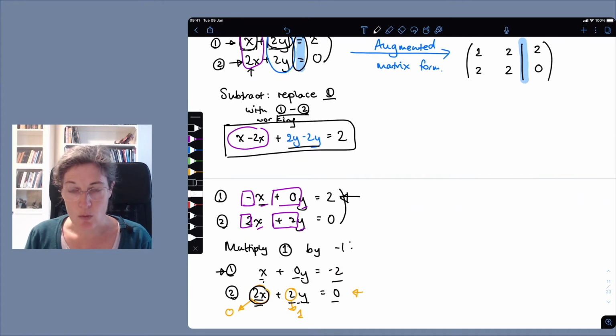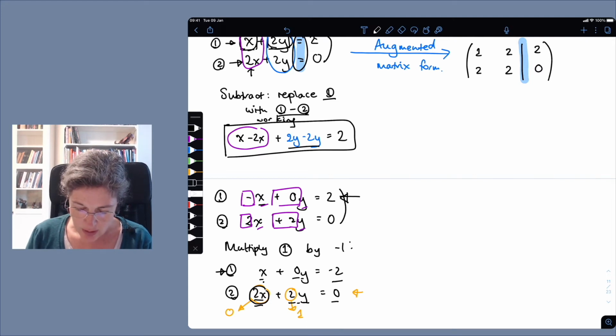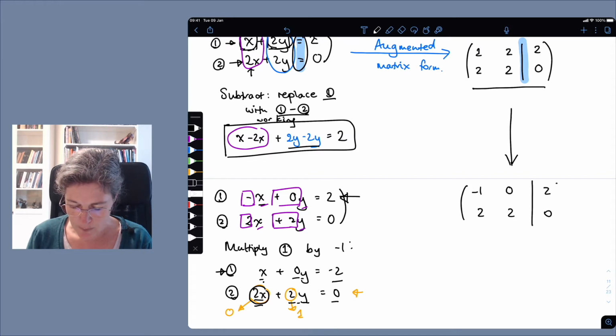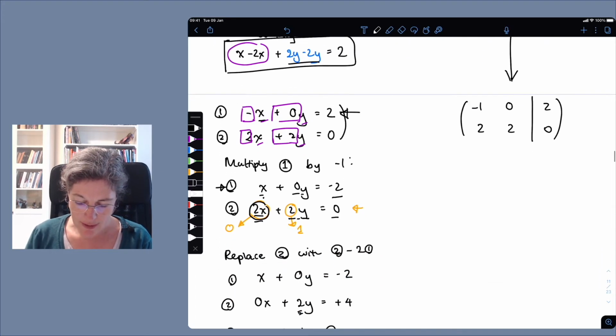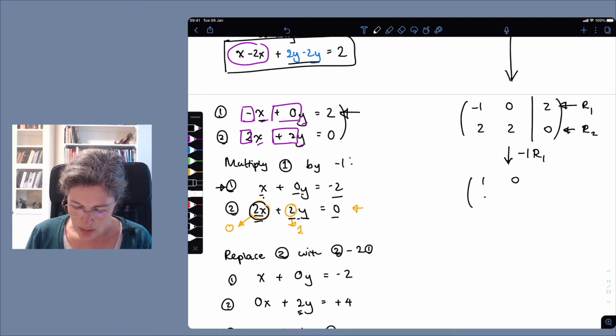So if I was to write out what our first bit of working was, we would transform this matrix into minus 1, 0, 2, 2, and a 2 and a 0. And then our next bit of working, we would say minus 1 times row 1. So we're going to refer to this as row 1 and this is row 2. Then we'd get 1, 0, 2, 2, and a minus 2 and a 0.